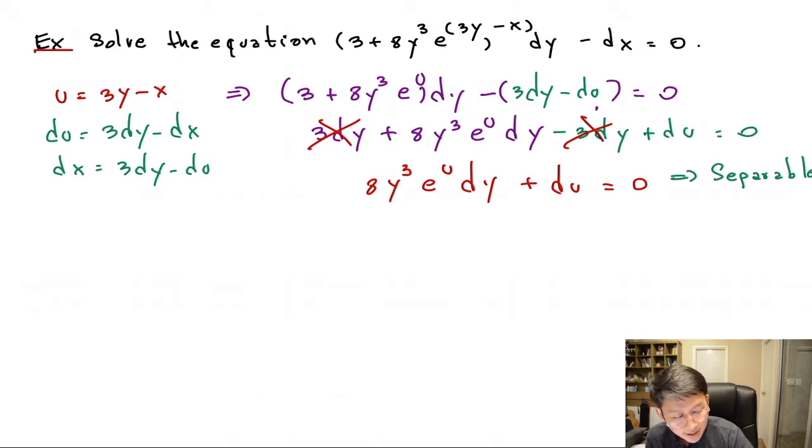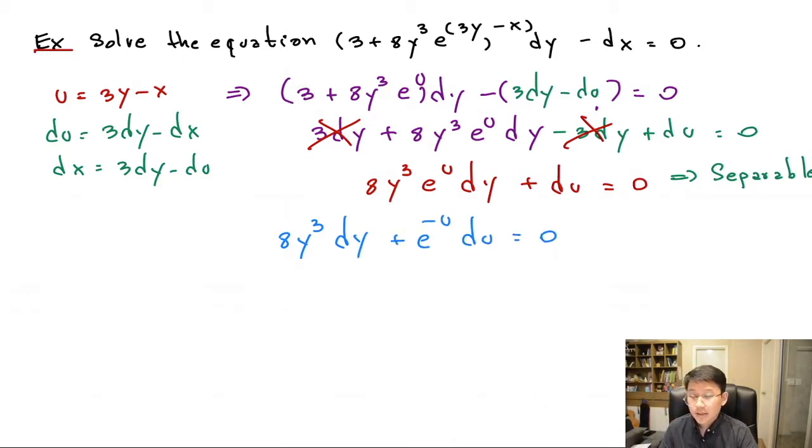Because if I divide the whole equation by e to the u, what I would get is 8y cubed dy plus e to the minus u du equals 0. I divide the whole equation by e to the u, or in other words, I multiply the whole equation by e to the minus u. And then this is separable.